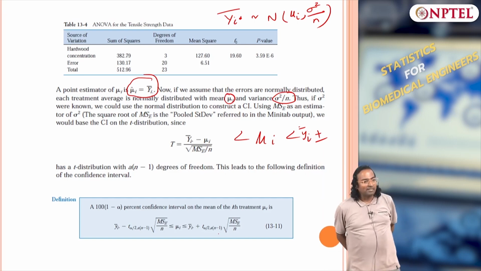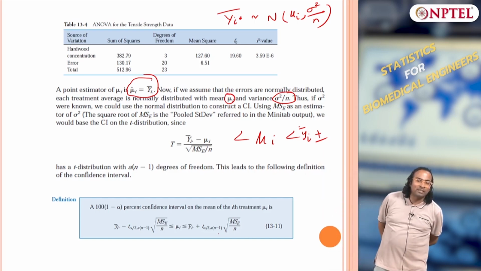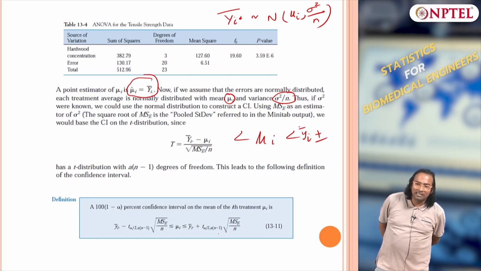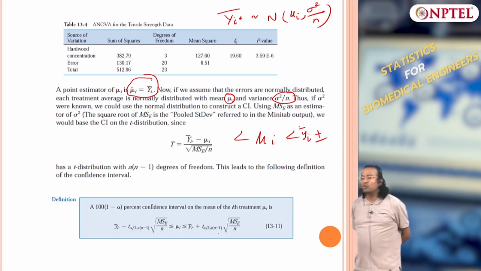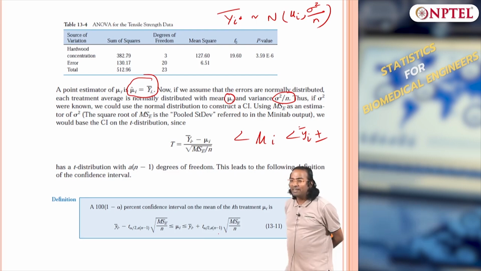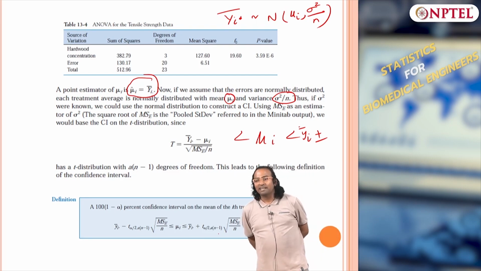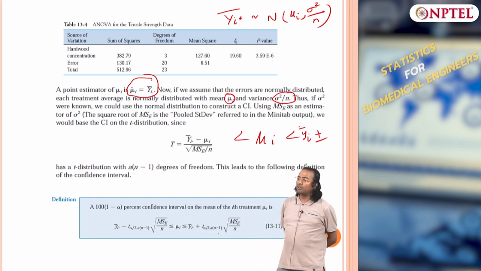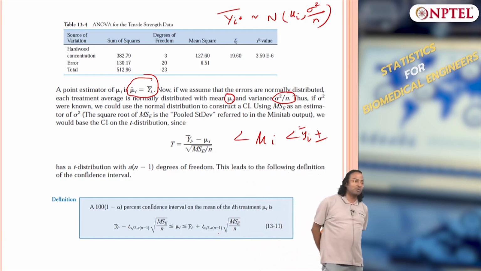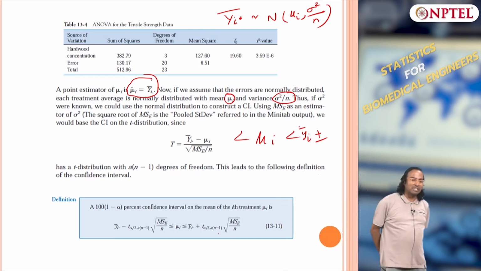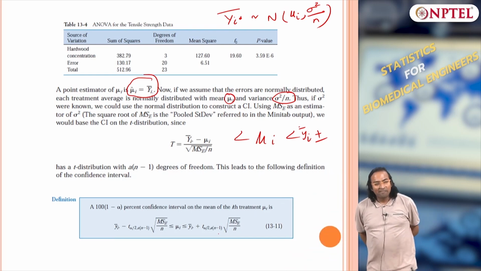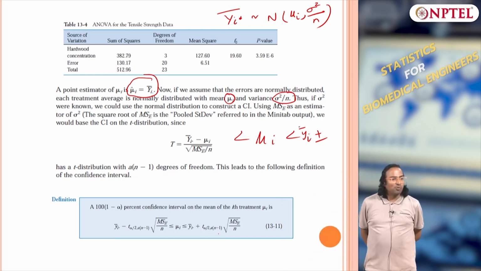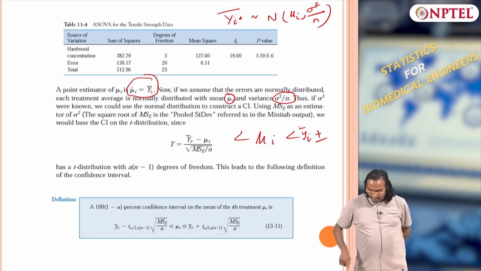The good part, if you remember, is that I assumed their variances are equal. So, I can go and use what is known as the pooled variance estimator. Remember, in the two sample case we had two cases, when sigma 1 squared equals sigma 2 squared and when sigma 1 squared is not equal to sigma 2 squared. When they are equal, we can compute the pooled standard deviation and pooled variance. That is what we will do.